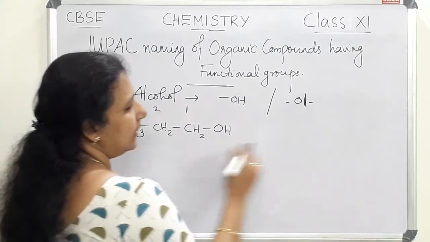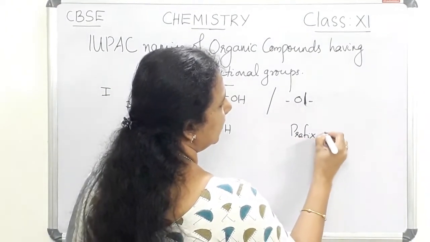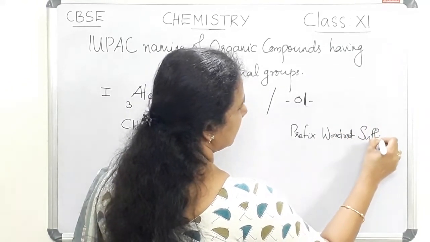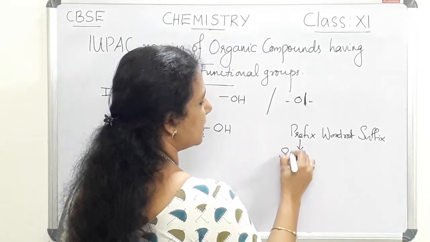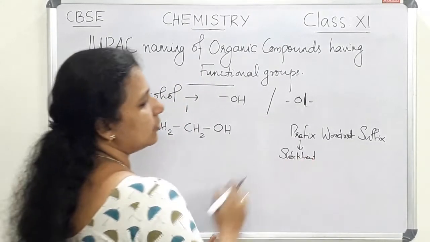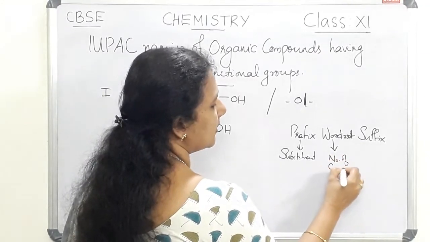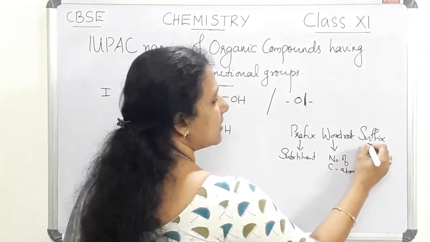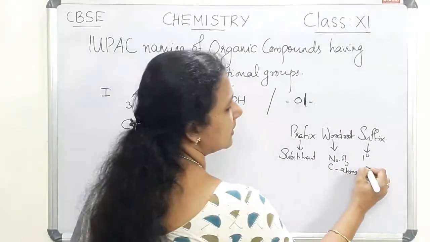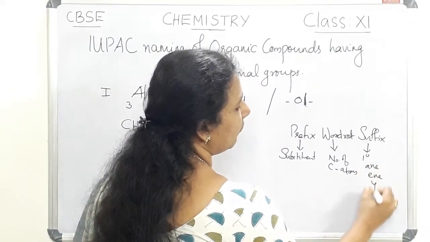Before writing the name, we know the order of writing the name: prefix, word root and suffix. Prefix is for substituents. If there is a substituent, we have to add the substituent first. Then comes the word root, which is according to the number of carbon atoms. Then suffix: primary suffix is according to the type of bond, ANE, ENE or YNE.